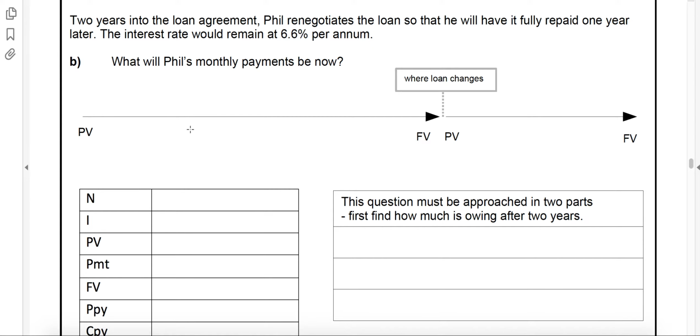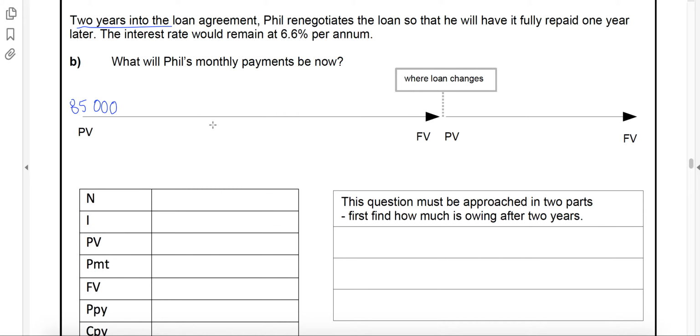So what I wanted to do is show you how I do this on the calculator, but also this is what is going on in my mind. So this is what I envisage every time I come across a changing condition. In the calculator, we have this first part that we've done, and that is that at the beginning of the loan, he owed 85,000, and 2 years into the loan agreement is when the change happens.